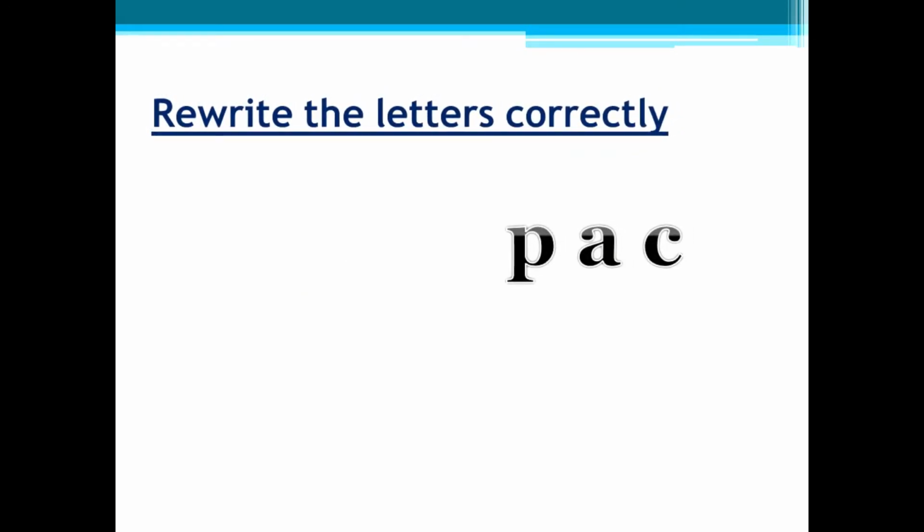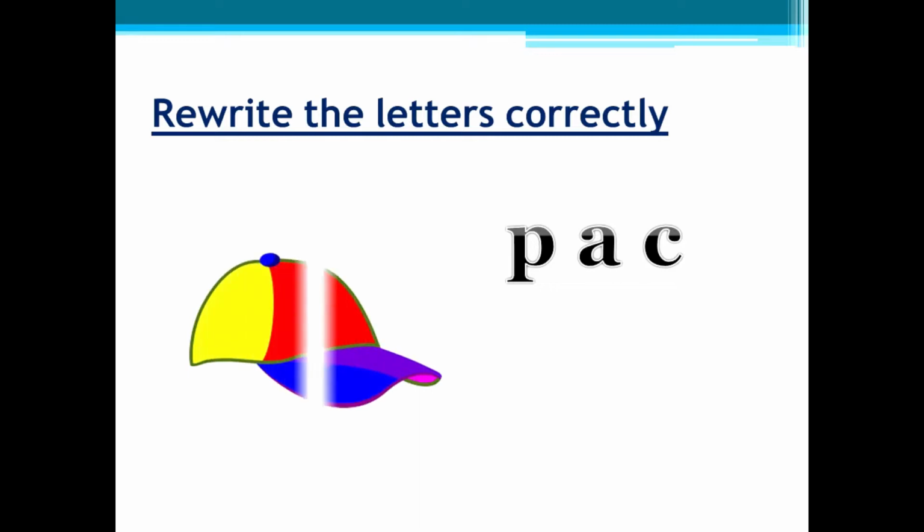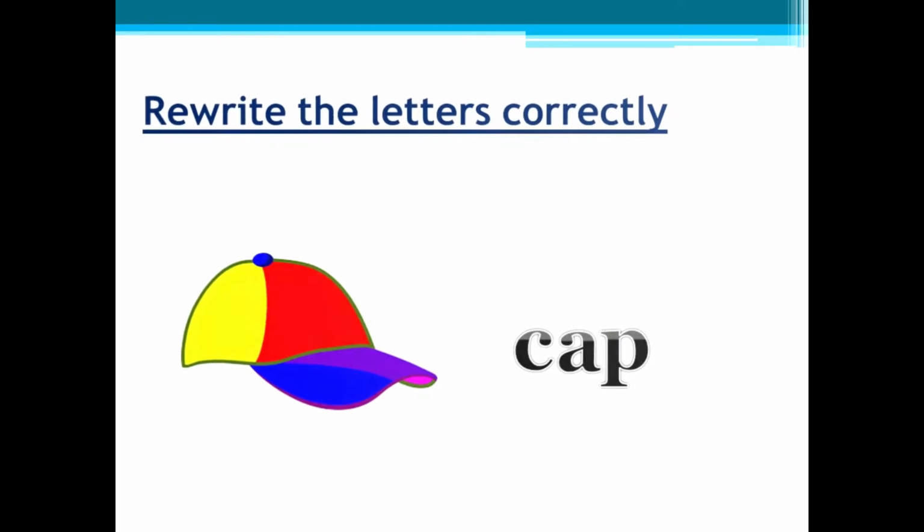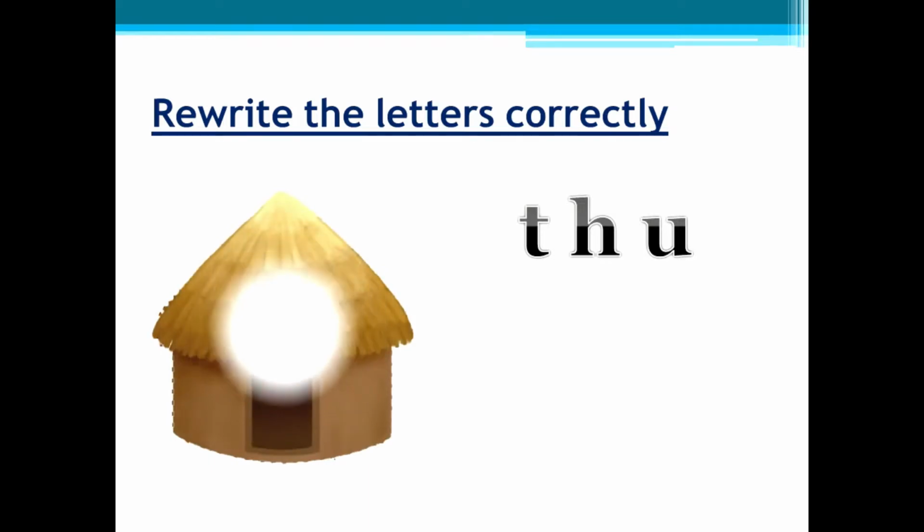Oh, what is the next word? The hint is cap. Very good. So I will write C, A, P. C, A, P, cap. The next hint is, what is this?